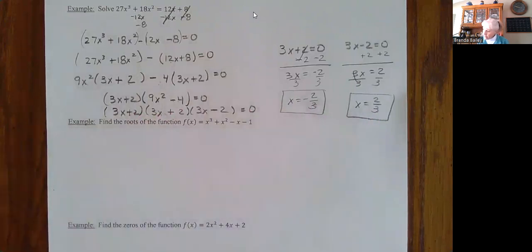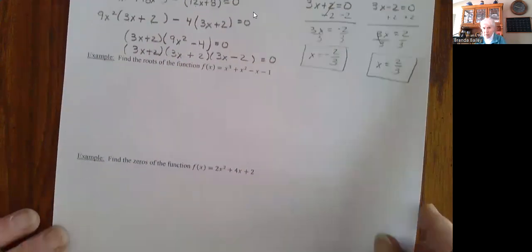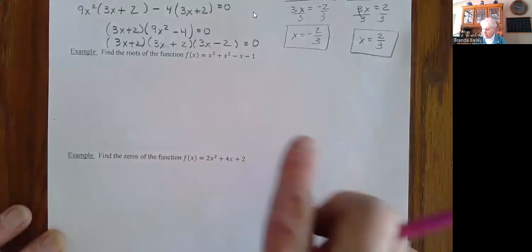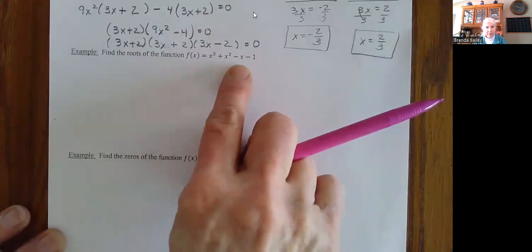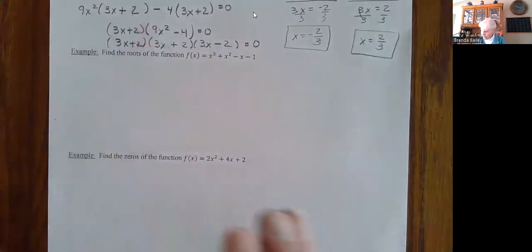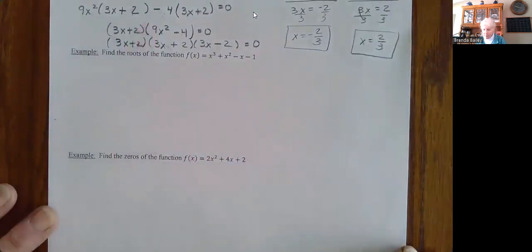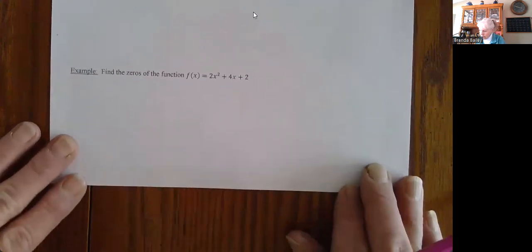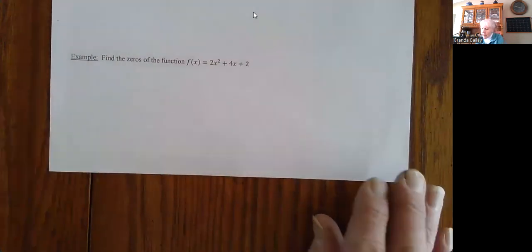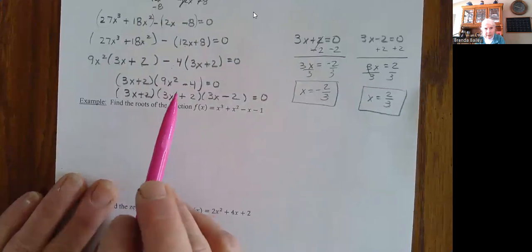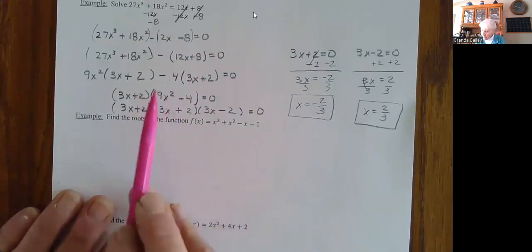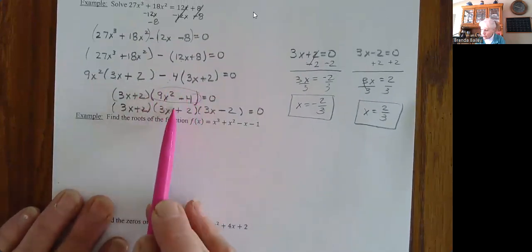All righty. Okay, well, what we're going to do is go ahead and go on to the last one, because this one's exactly like the others up above. You just group them and then factor it out. Just don't forget, a common thing to do with these is do not forget to finish.